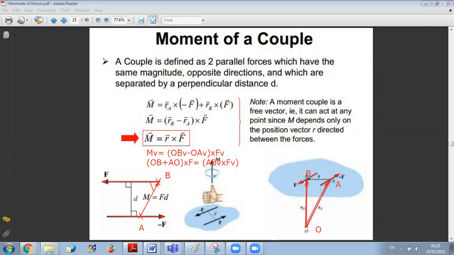I get the projected distance. So I can deduce that the magnitude of AB vectorial F is F times AB times sine theta, and I replace AB sine theta by D. So in magnitude, it's F times the perpendicular distance between the two forces. Any question on this?